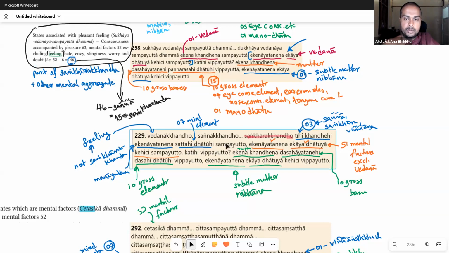It's not applicable for the aggregates, so we have to remember that. I forgot to explain that the Sankhara Khanda is also an example for this, so the topic should be the Sankhara Khanda and the other two Nama Khandas.